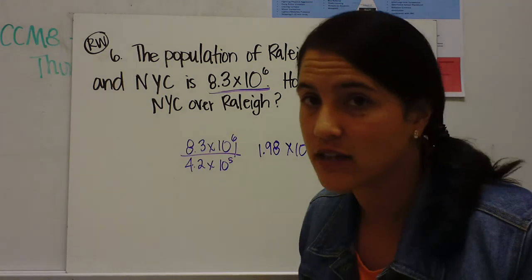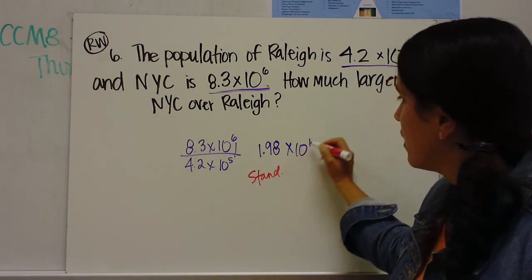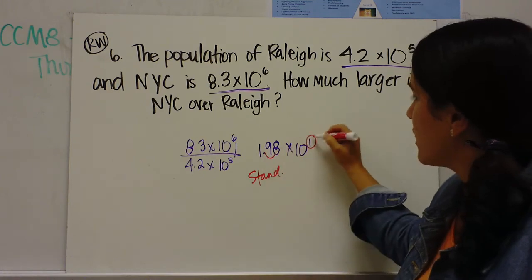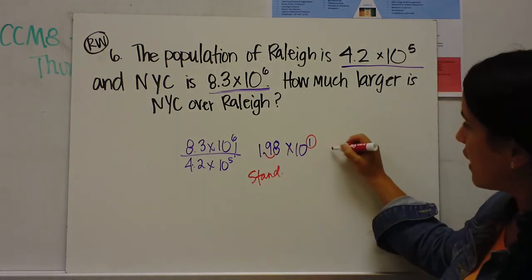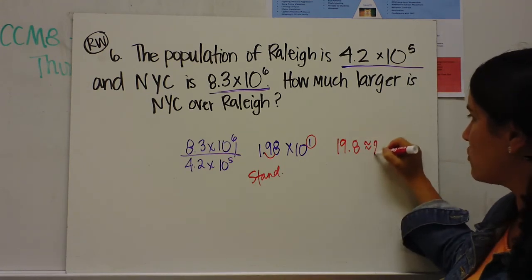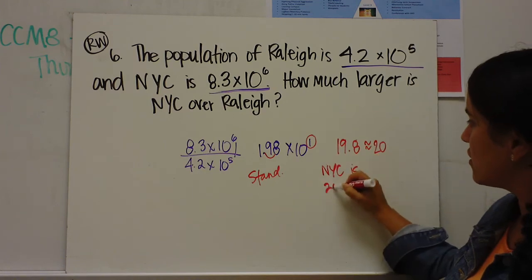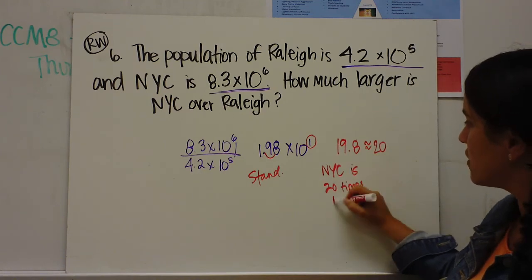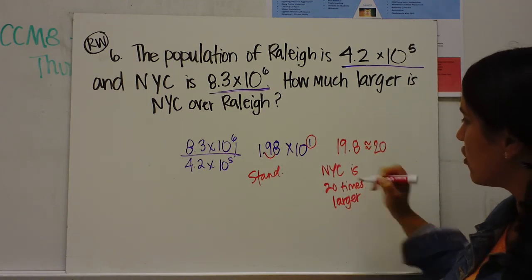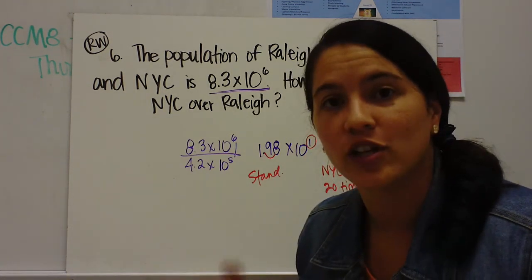All right, so that's in scientific notation, but remember we want to go to standard form. So I'm going to move it 1 over because of my exponent, and I'm going to get 19.8, which is about 20. So New York City is 20 times larger. So that was quick, and hopefully you understand.